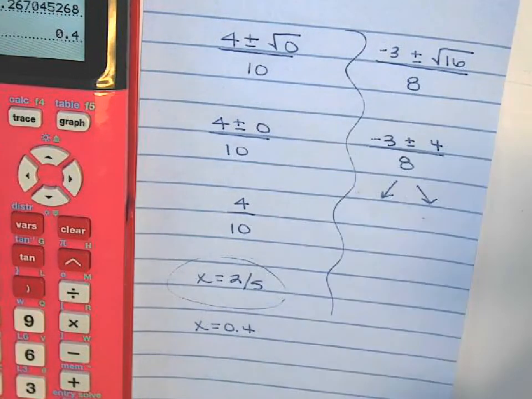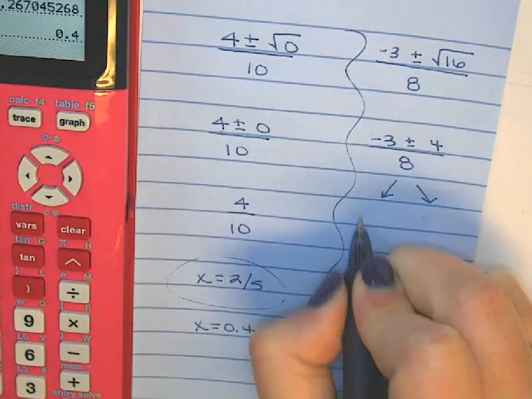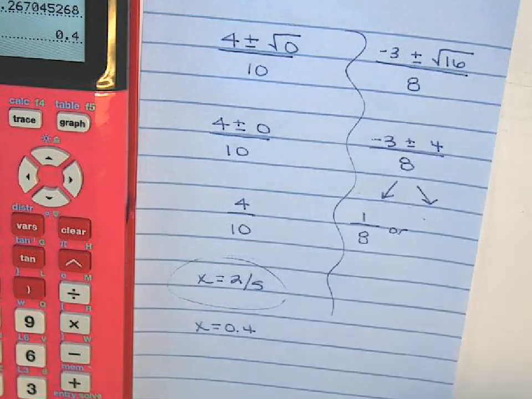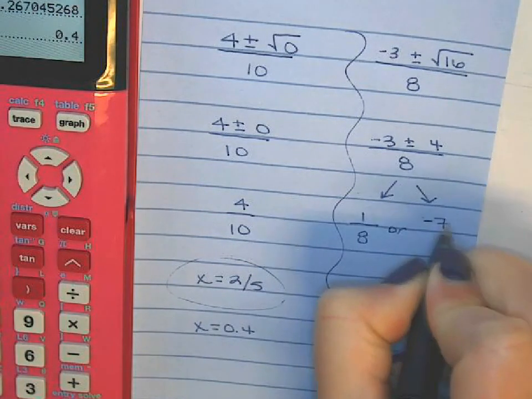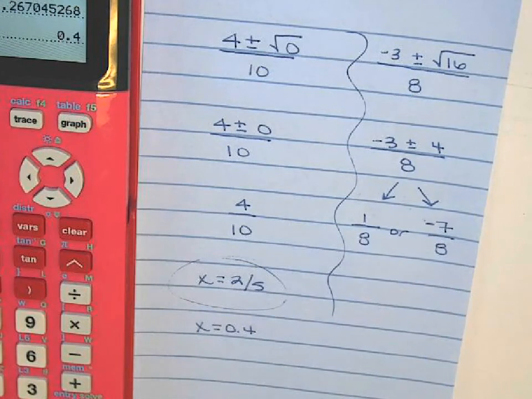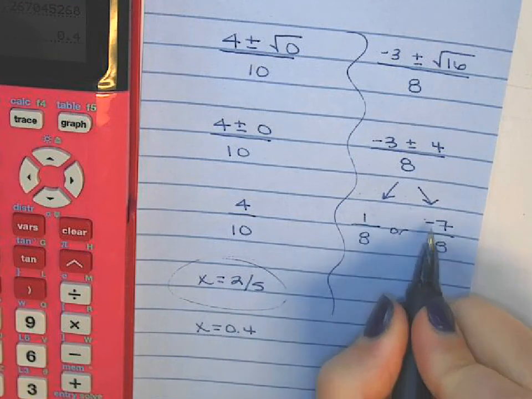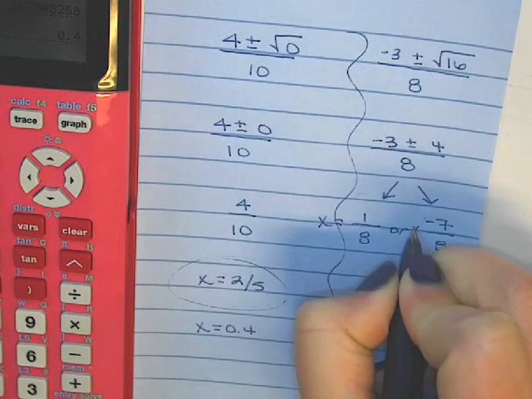So what I like to do is at this point, break it up into your two scenarios. What's -3 plus 4? 1 over 8, or what's -3 minus 4? -7 over 8. Those are your exact solutions. If you can add or subtract them because they are like terms, you have to move on and do that. So we have 1/8 or -7/8 are your exact. So x equals or x equals.